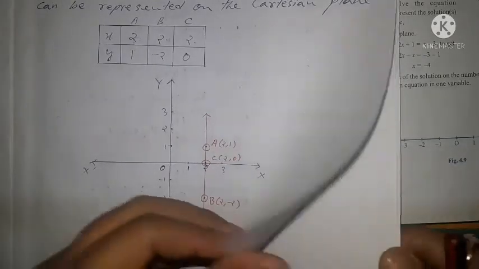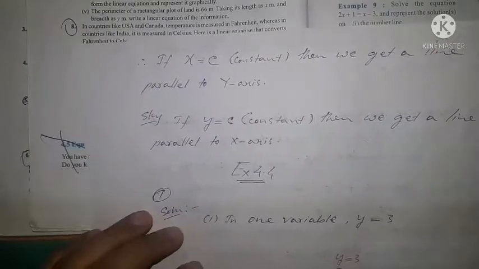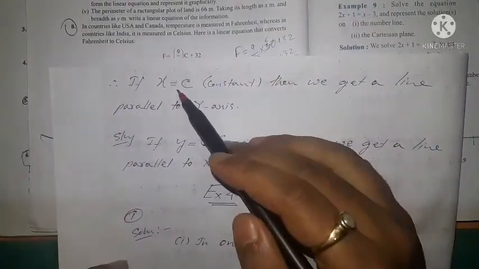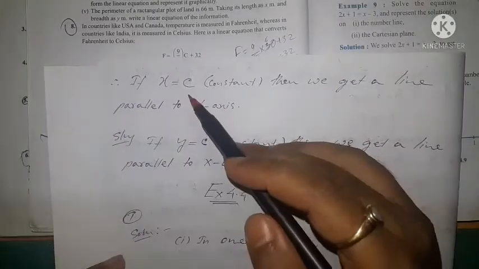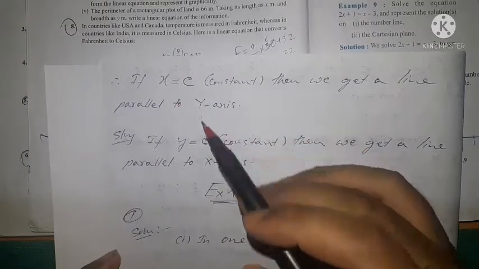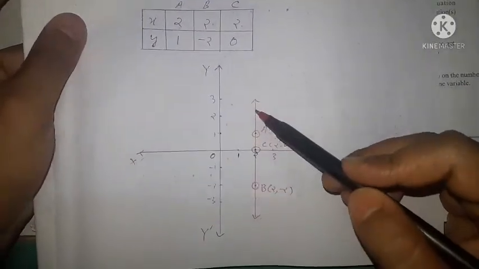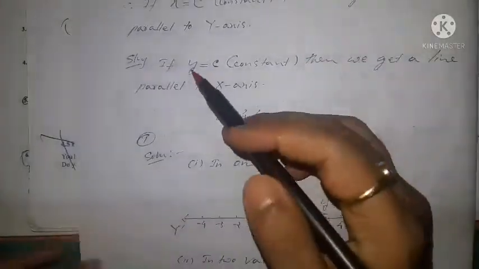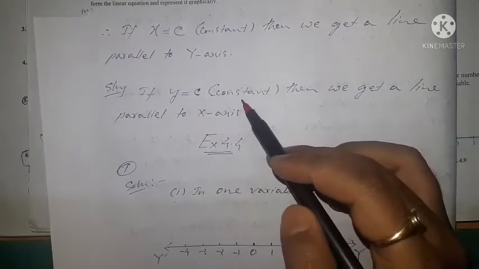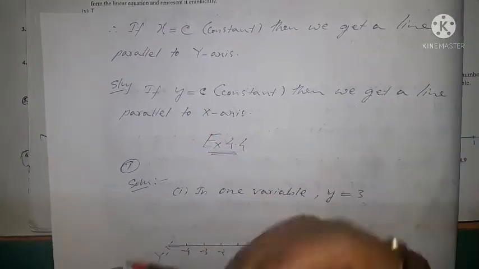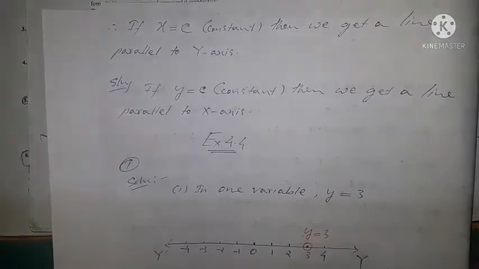From this we can conclude that if x equals c, which is a constant, here in the question x equals 2, so 2 is a constant, that means the value of x is fixed, then we get a line which is parallel to the y-axis. Similarly, if the value of y is fixed, that means if y is a constant, then we get a line which is parallel to the x-axis.